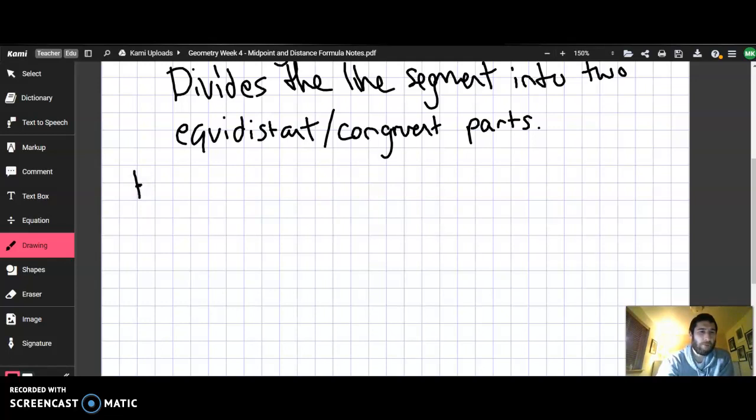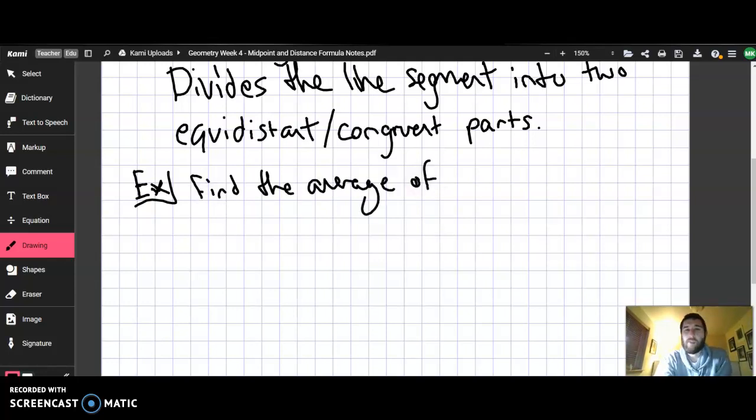Example: find the average. Let's find the average of, let's pick your favorite numbers, 3 and 7. To find the average of two numbers, you take them and add them together. So we're going to add 3 and 7 together.